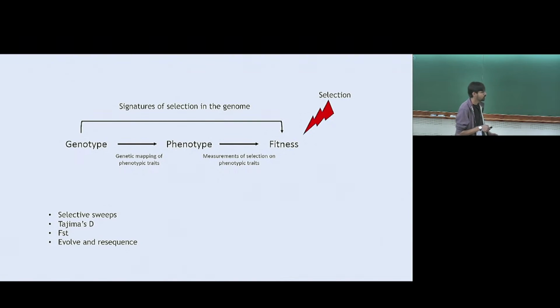It's a metric to measure divergence between populations, and in special cases, you can use this to get some information about selection in the genome. And again, if time permits, I will talk about experimental evolution studies where people use evolve and resequence techniques to identify what regions of the genome are under selection.